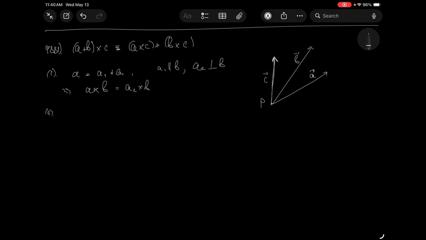Let's take a look first at vector A and vector B. We can theoretically decompose them into two main parts. The first one is A1 and A2, technically speaking, but we don't need A2 here. We just need A1, which would be the vector which lies in our plane.